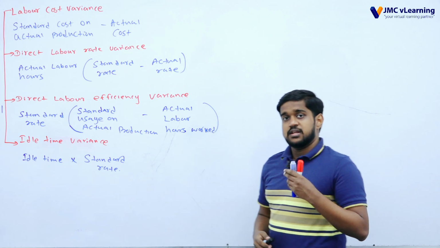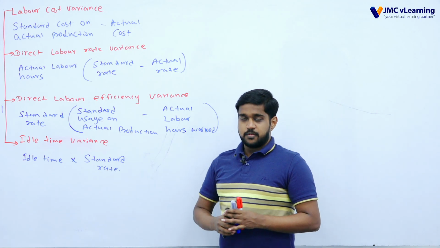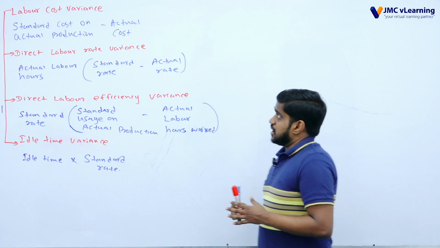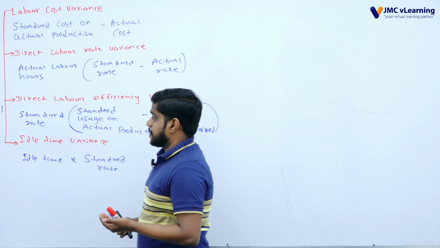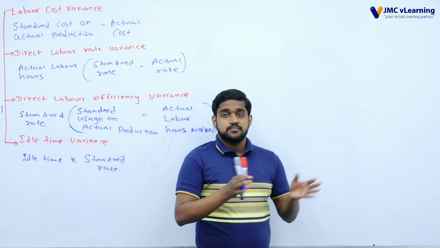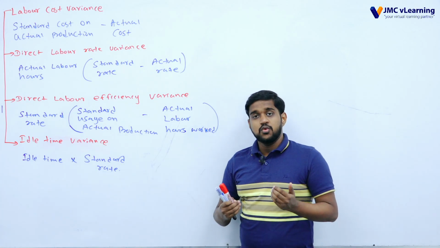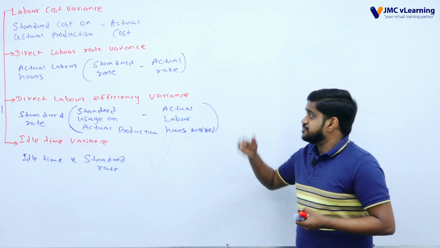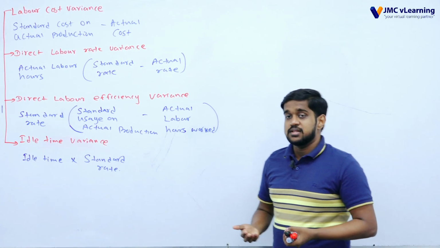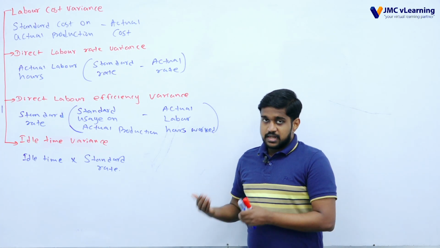Under this direct labor cost variance, we try to identify variances regarding the direct labor cost. That means if we identify some rupees variance regarding the direct labor cost, then we try to analyze it more.